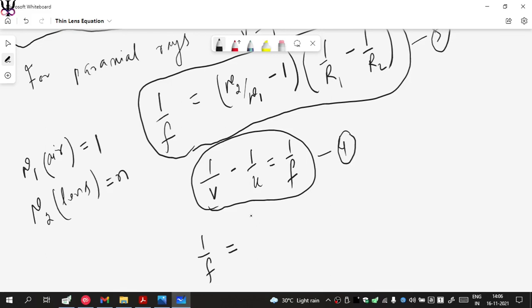Mu2 is N, mu1 is 1, so it becomes N minus 1 times 1 by R1 minus 1 by R2.